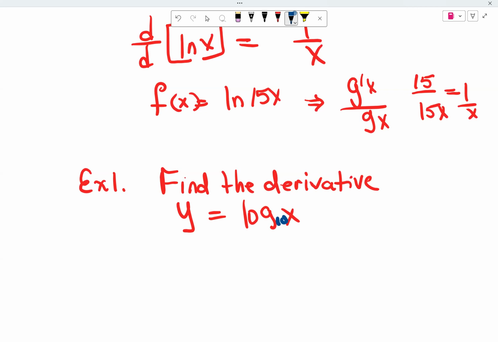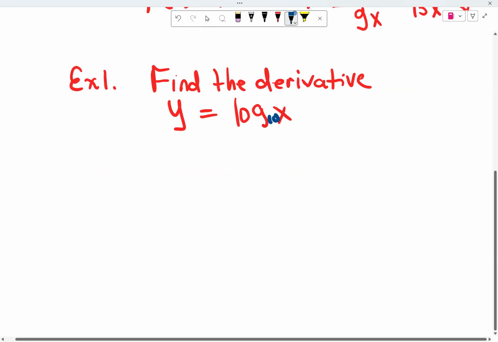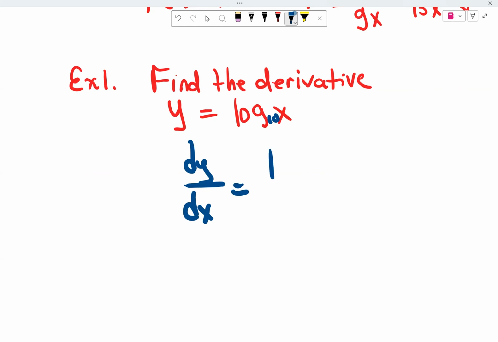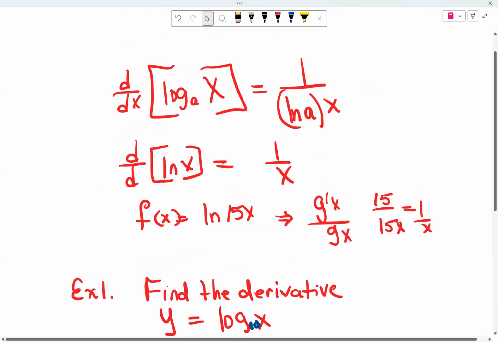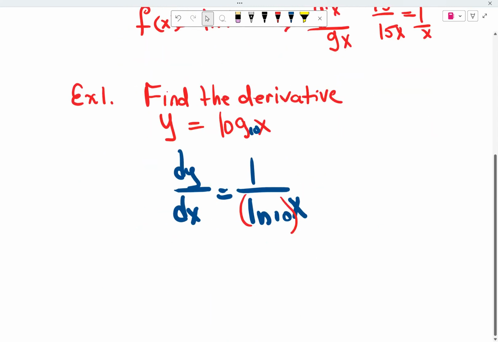And so the base is part of this calculation for the derivative. So we take dy over dx, and this is going to be equal to 1 over the natural log of the base, which in our case is 10, times x. So all of this comes from the base itself. And that's the first example I shared with you. If you look carefully here, that goes with that example.